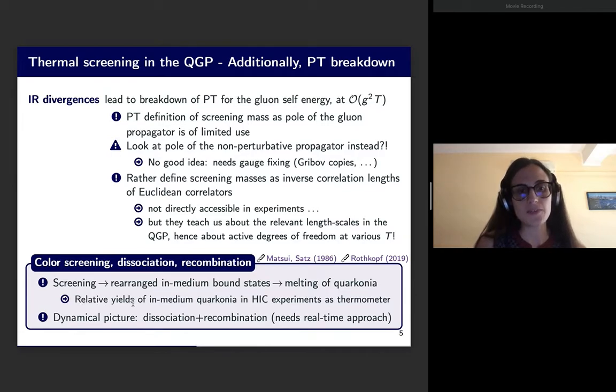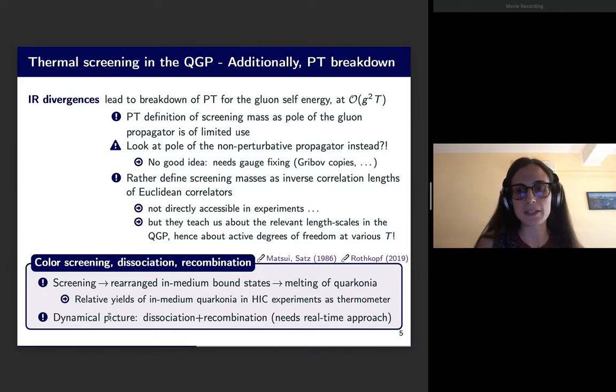And then relative yields of in-medium quarkonia in heavy-ion experiments, if this picture holds, would become a true thermometer of the quark-gluon plasma. We would be able to tell the temperature at which the collision has taken place, and also during the evolution.